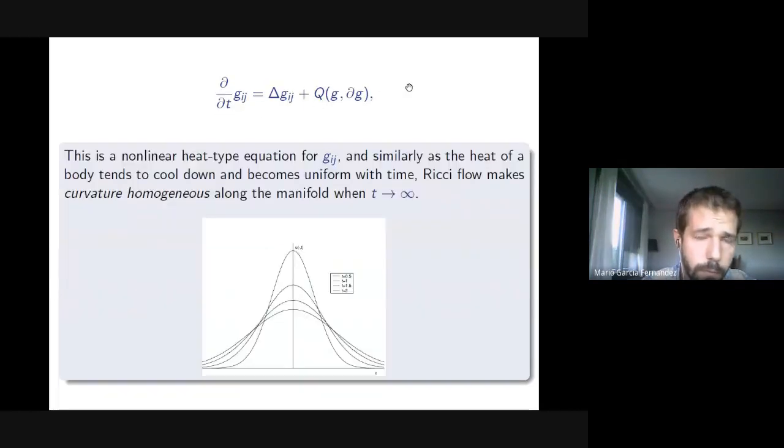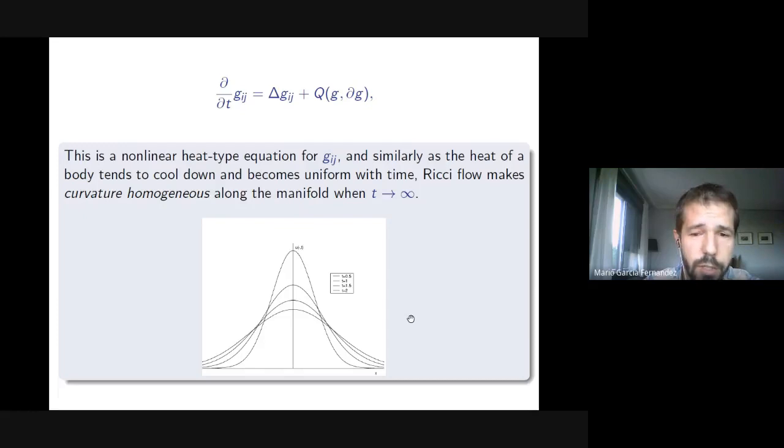Morally, what this is doing is making the curvature uniform along the manifold. This is similar to the effect of the heat equation on a function: if you have a metal bar with heat in the center, then as it evolves with time, the heat will become uniform on the bar. Similarly, Ricci flow has the effect of making curvature uniform as t goes to infinity.